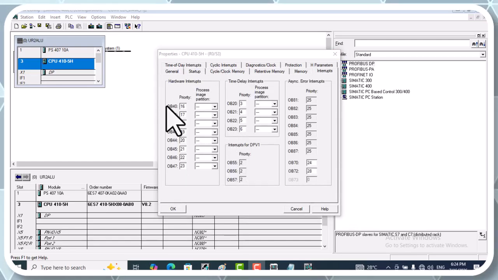Yes, you can change it from here. You can change the priority of your blocks, for example, if you want to run block OB 42 first and then run block OB 40, you must change the priority number of your blocks.